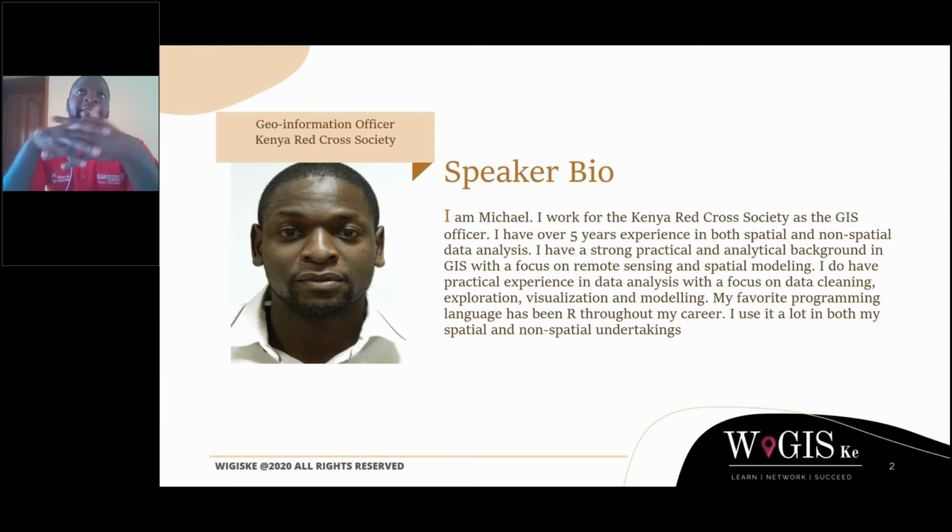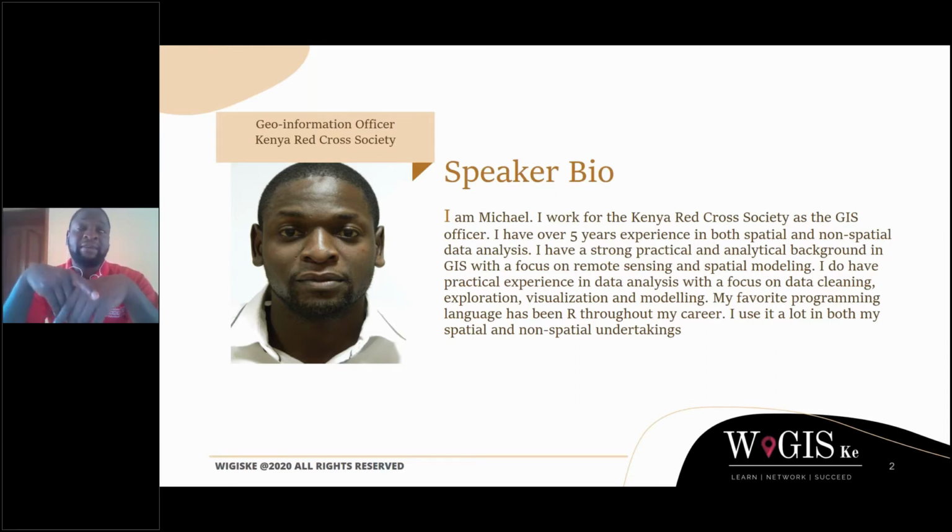It has three key departments: the Research and Learning unit, a climate research unit, and policy and training. Under the Research and Learning unit, I sit at the data section, where I work as the Geoinformation Officer.